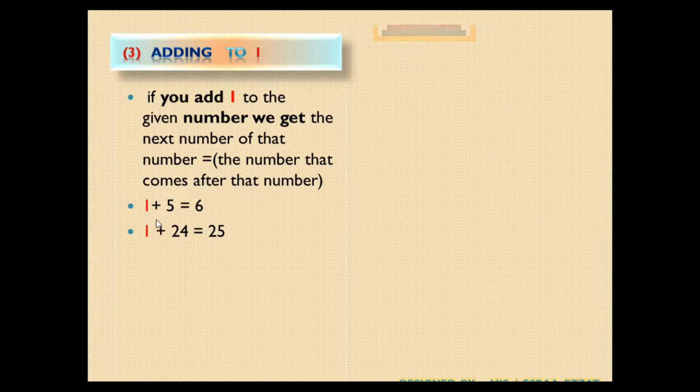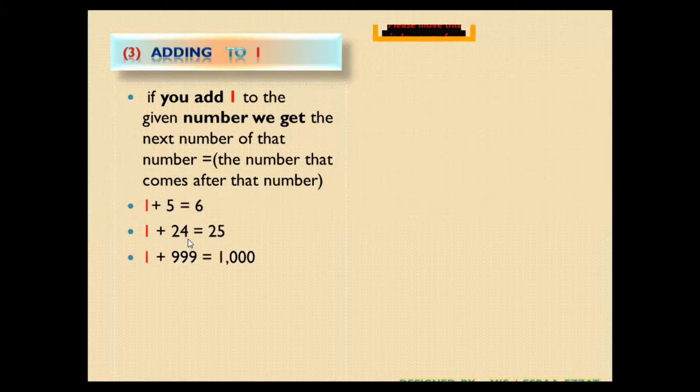As we can see here, when we add 1 to 5, we get 6. 6 here is the number that comes after 5. In the next example, when we add 1 to 24, we get 25. 25 here is the number that comes after 24.